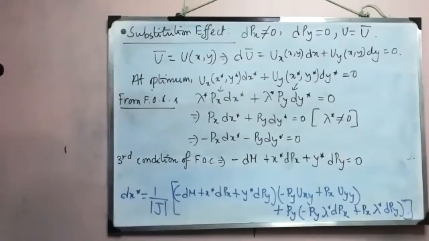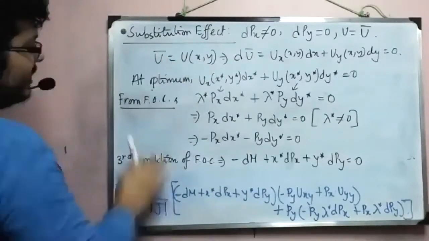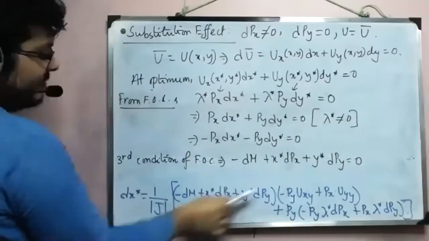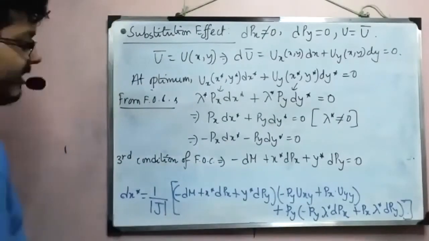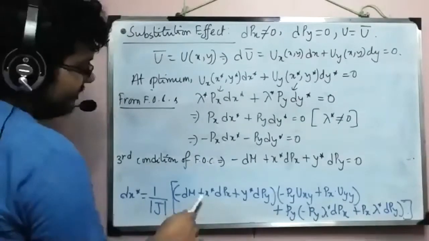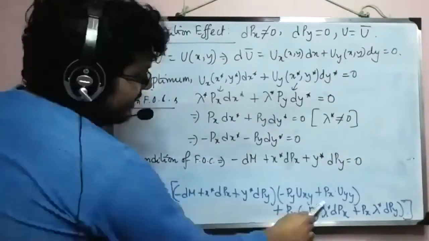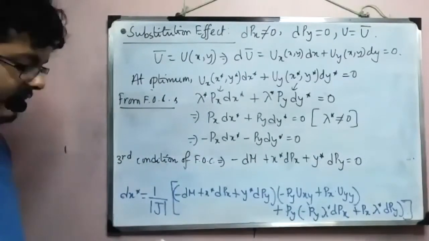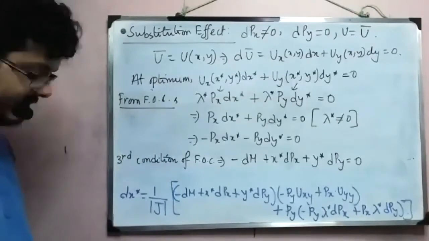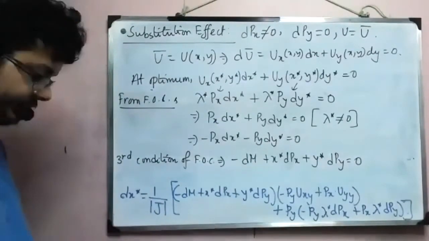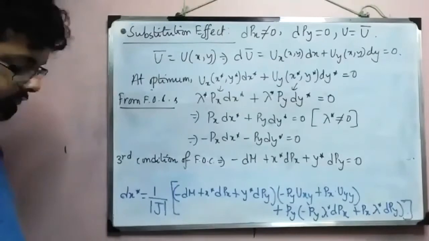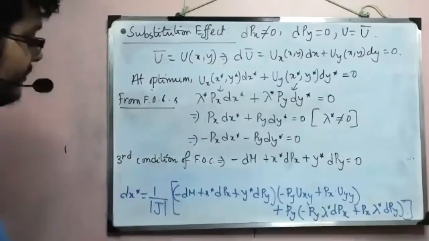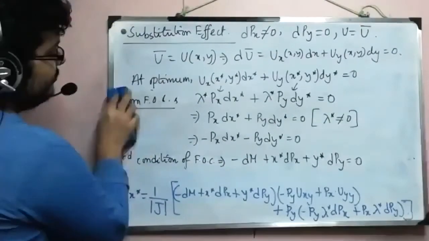Okay, now, so in summary, substitution effect says that this expression is equal to 0, which means this is equal to 0, right? And if I put 0 here, then this entire expression becomes 0. Okay, and we will do just that.